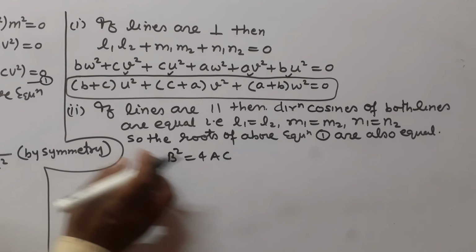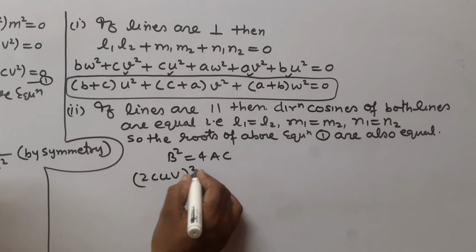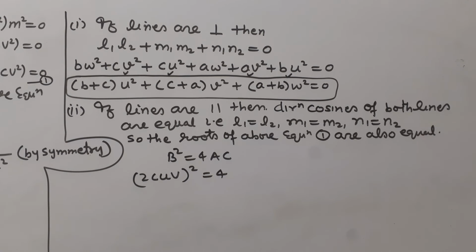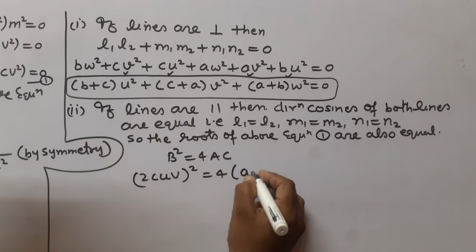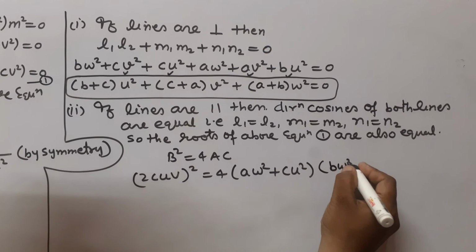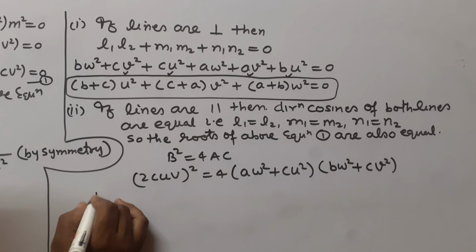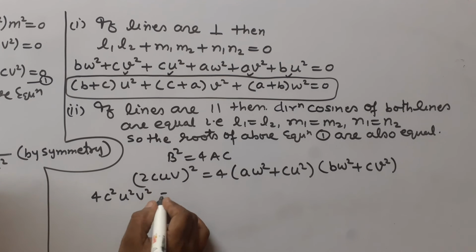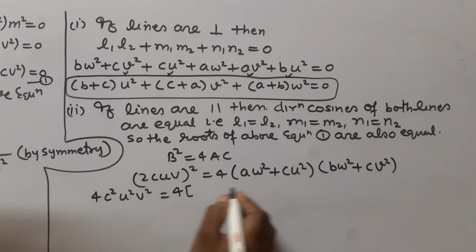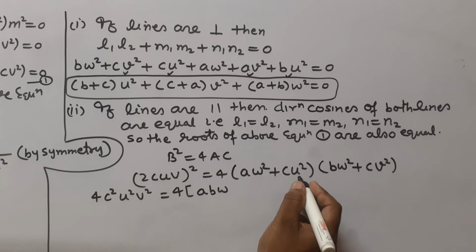So b is the coefficient of L upon m, that is 2cuv whole square, and a is the coefficient of L by m whole square, that is a w square plus cu square, and c is the constant term here, that is b w square plus c v square. Now we can see here 2cuv whole square is 4 c square u square v square, and this is 4 times a w square plus cu square.